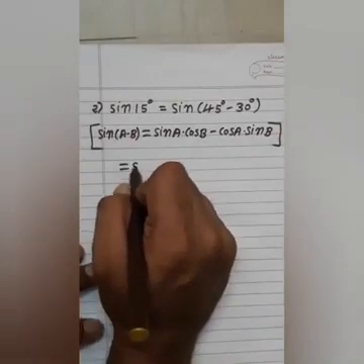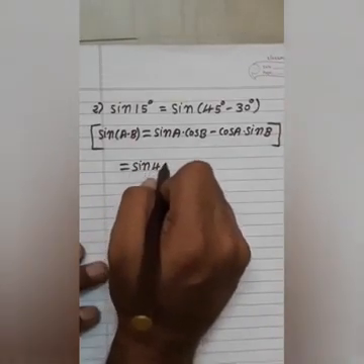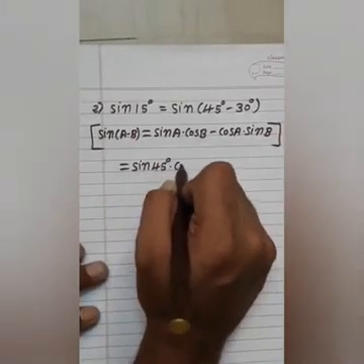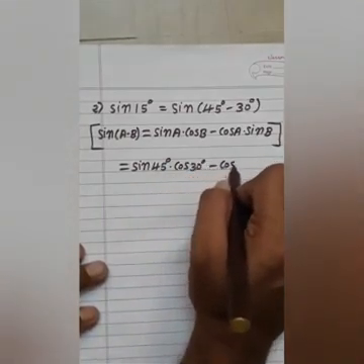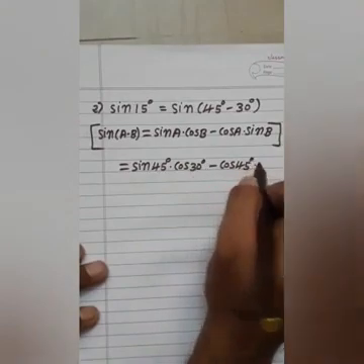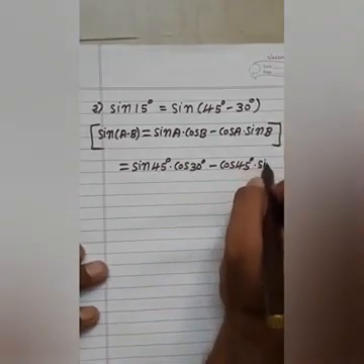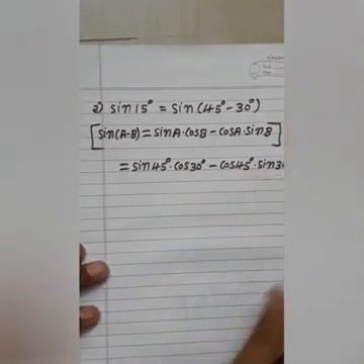So sine 45 degree into cos 30 degree minus cos 45 degree into sine 30 degree.